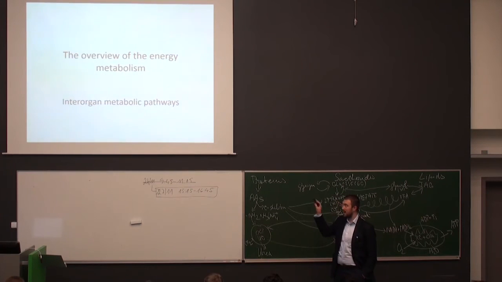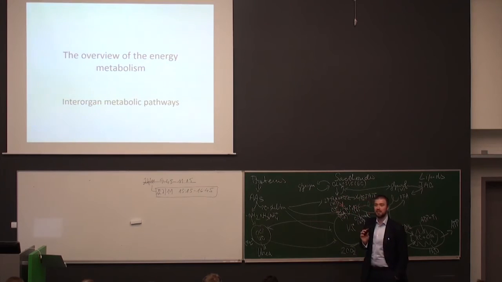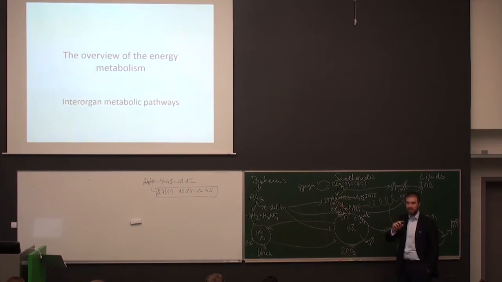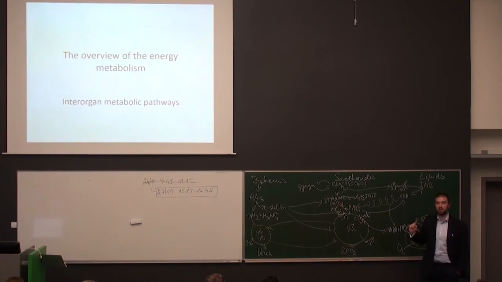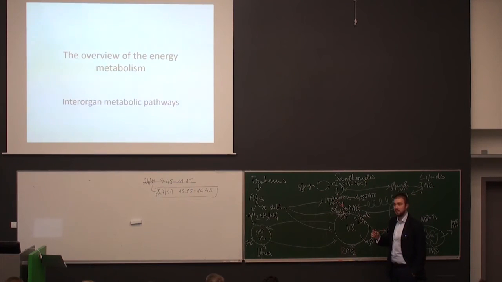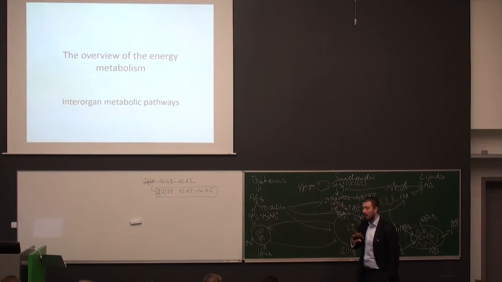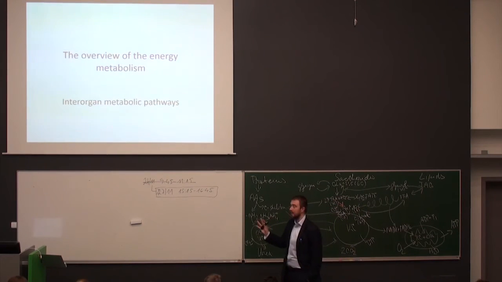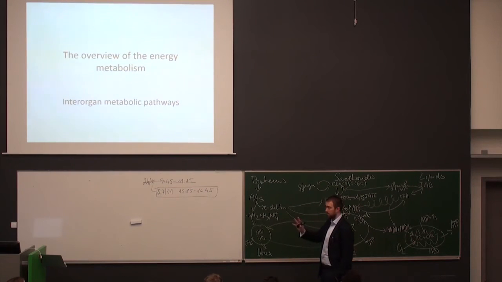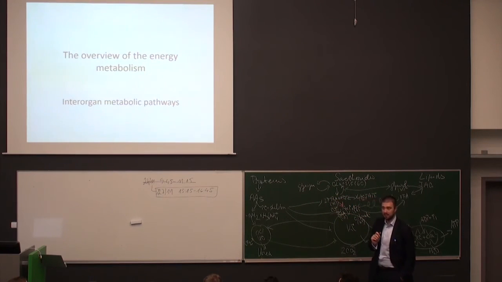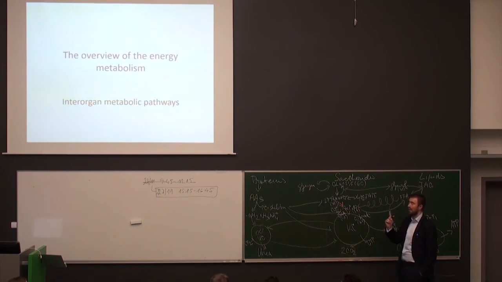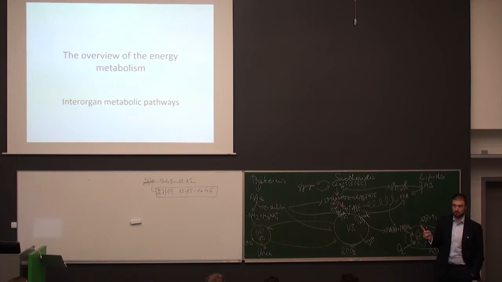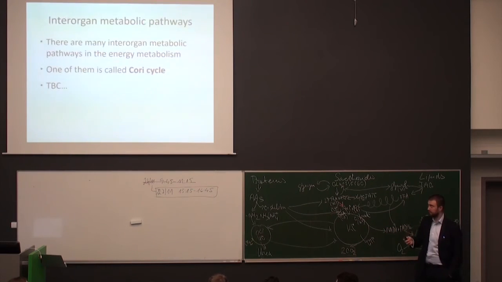Then the second short topic are inter-organ metabolic pathways. We right now name some organs, and these organs are typically connected by the whole series of pathways. That means that through your blood, you exchange the metabolites, and as you will see during this course, the organs communicate with each other not only by signaling molecules, but also by sending the metabolites through the blood.